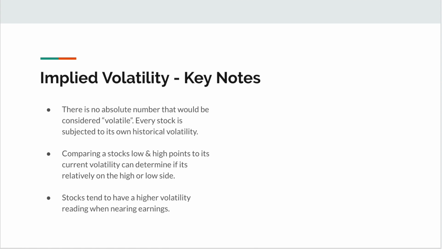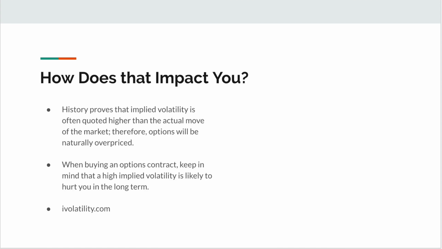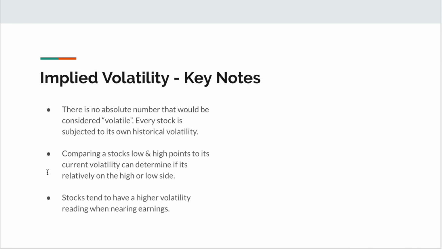I know it's a little confusing, but we'll jump into an example that shows you exactly what I mean in just a moment. But just know that a stock has a higher volatility when it's nearing a significant earnings call, some kind of court case, or some kind of large drop due to bad earnings. Anything of that nature can affect its volatility.